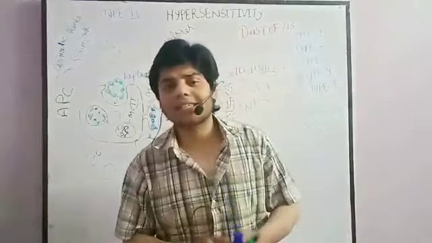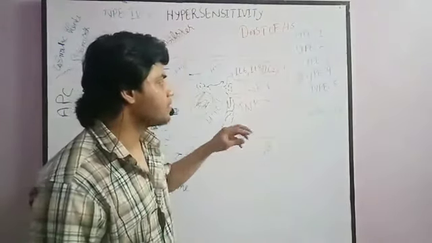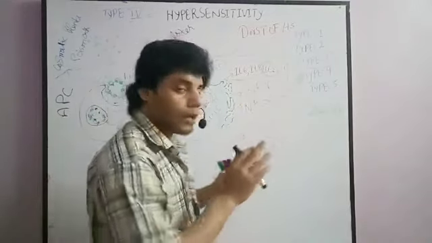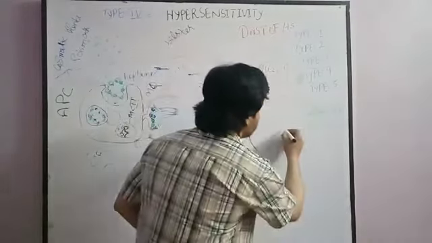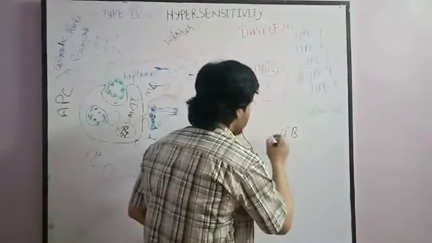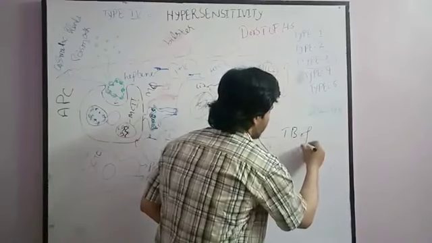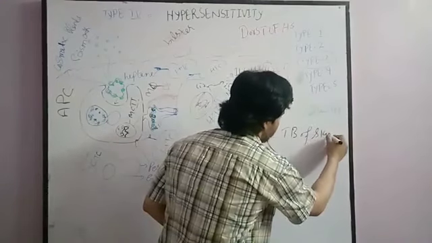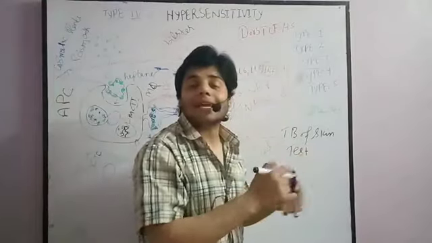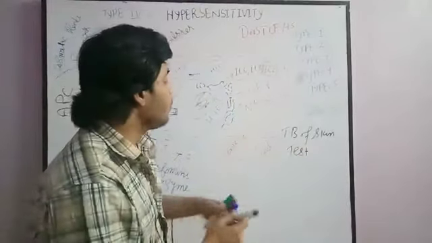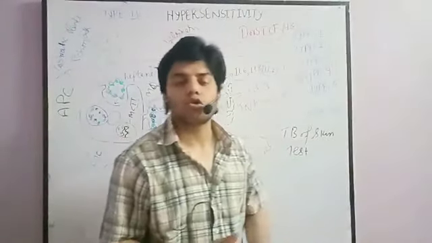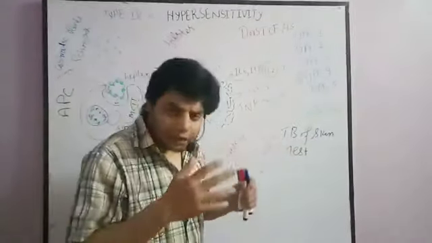The best example of type 4 hypersensitivity, if we want to check type 4 hypersensitivity, is the tuberculosis skin test. So let me write tuberculosis skin test. This kind of test we should usually perform. What actually happens during this test?